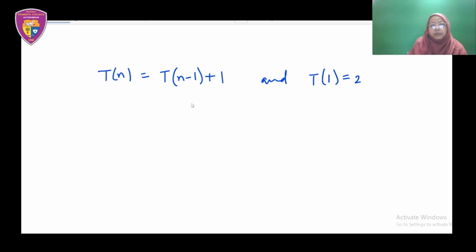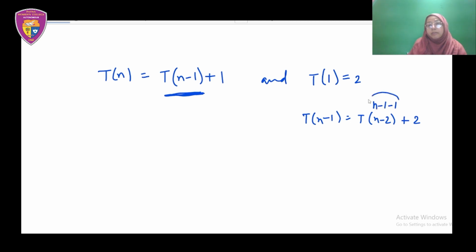So what we can do, if I want to find this term T of n minus 1, we just put n minus 1 in place of n. So T of n minus 1 will be T of n minus 2 plus 1. How? We write n minus 1 minus 1, that will become n minus 2.